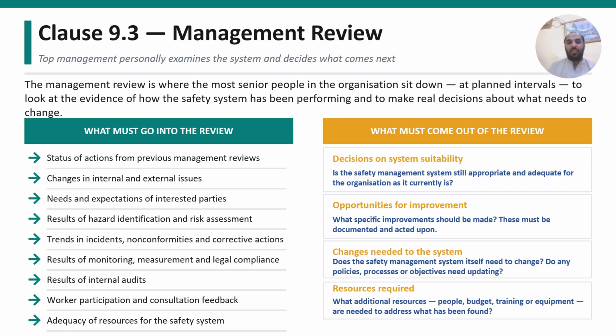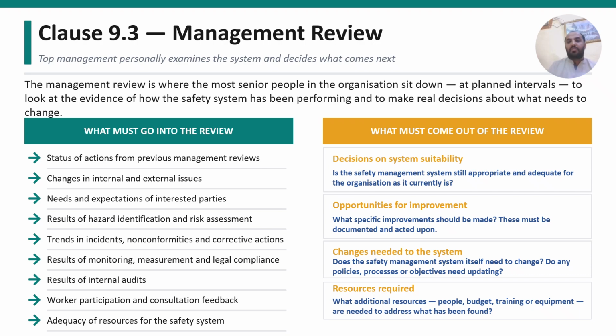But the real value of management review is what comes out of it. The output of management review must include specific decisions. Decisions about whether the system is still suitable, adequate, and effective. Decisions about what specific improvements need to be made.